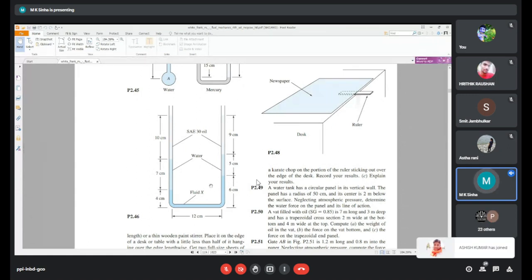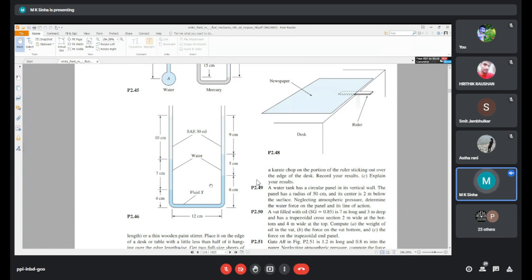The interesting thing is that the pressure in both columns at the bottom is the same, because the pressure acting at the bottom of the limb is the same.